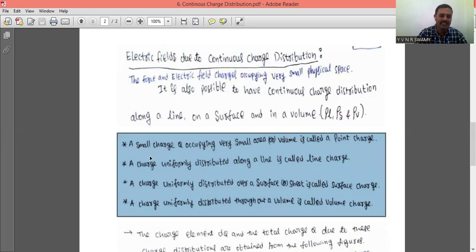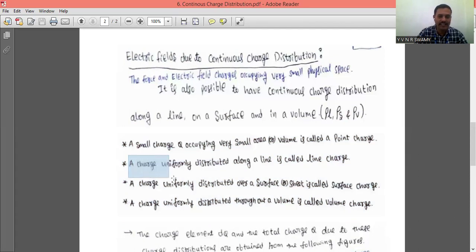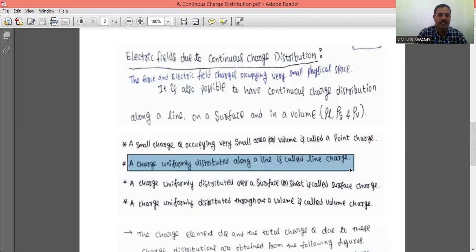Then the second one, line charge. A charge uniformly distributed along a line is called a line charge.